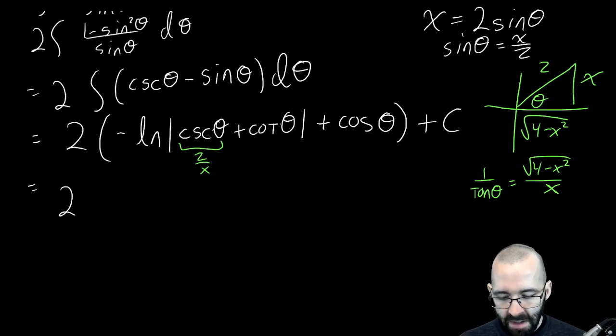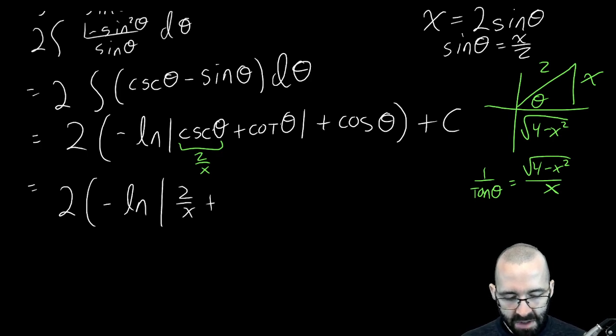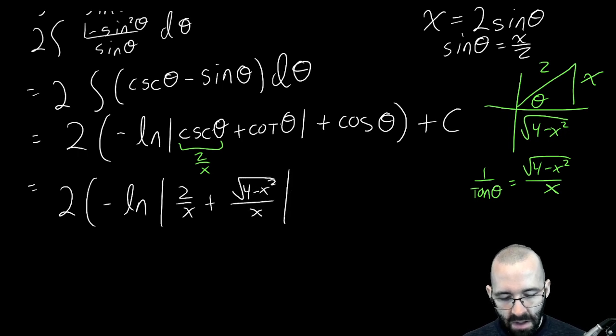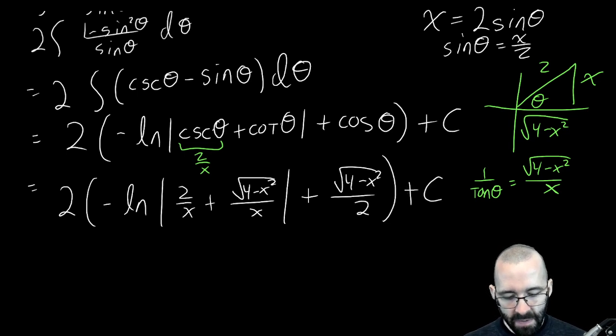So this is going to be 2 times negative natural log of the absolute value of 2 over x plus cotangent. And then cosine is going to be adjacent over hypotenuse. So that'll be like so. And then we can distribute the 2 and be done.